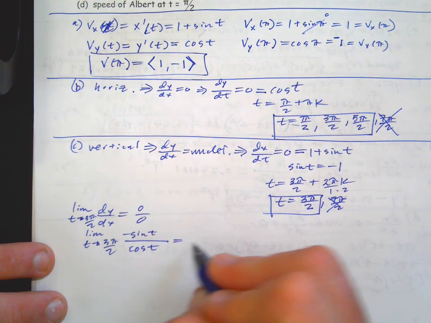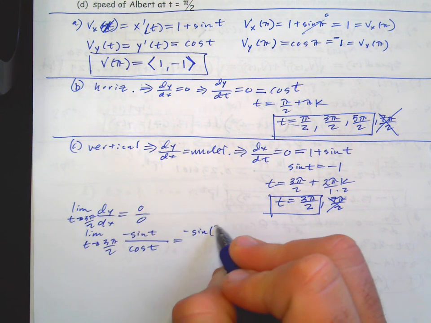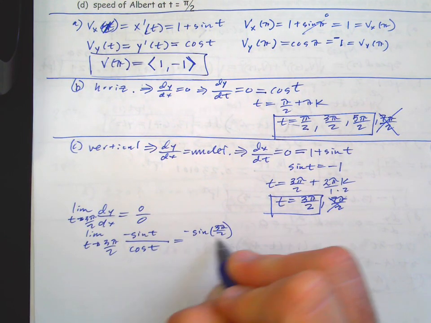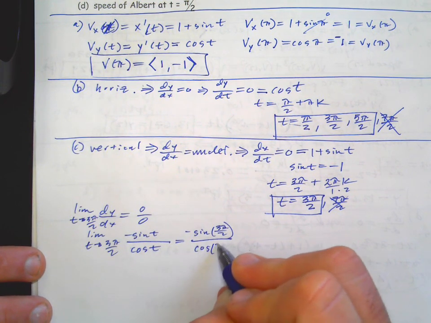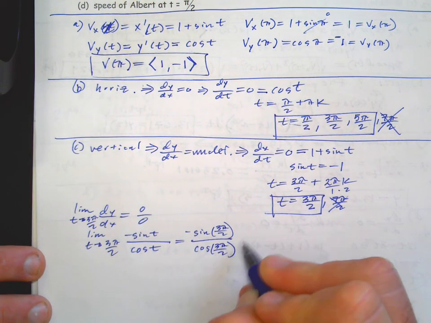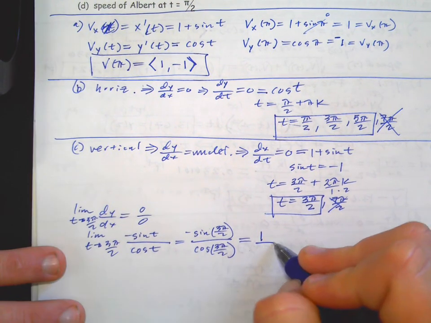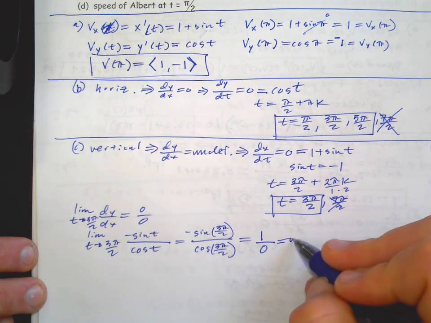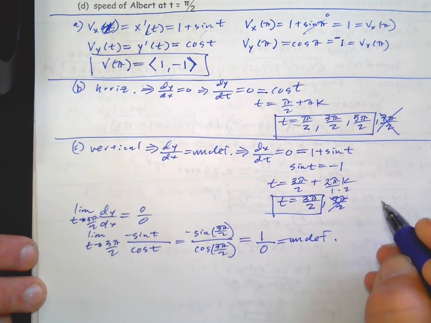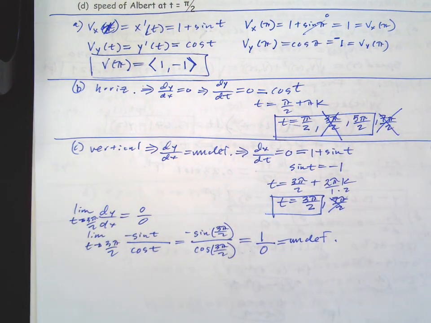Now when we plug 3 pi over 2 into this, that's going to be positive 1 over 0. So it is going to be undefined. Therefore, it is vertical. It is not horizontal. We confirmed it.